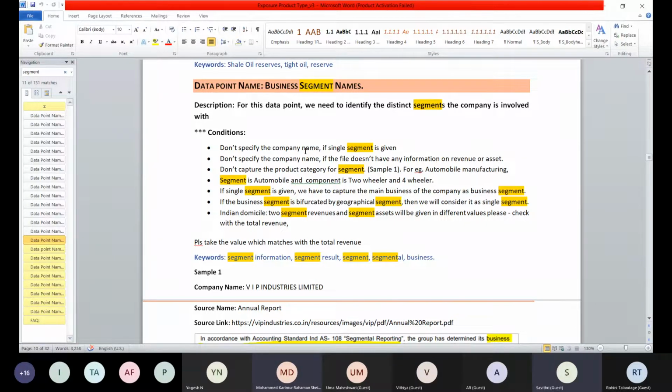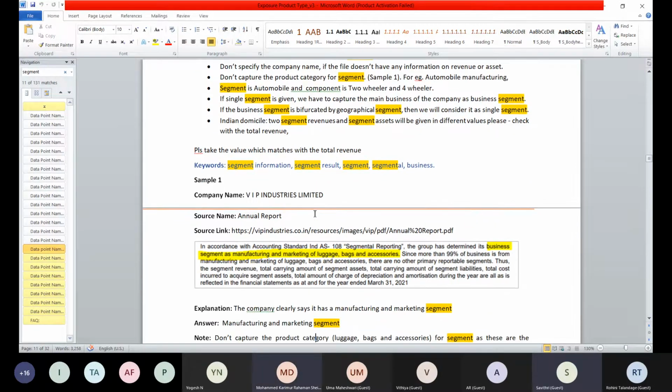We need to check that. How to check it? We have some keywords like segment information, segment result, and reporting segments. If you use those keywords, you will get a description or disclosure like this. Rohini, can you scroll down a little bit?